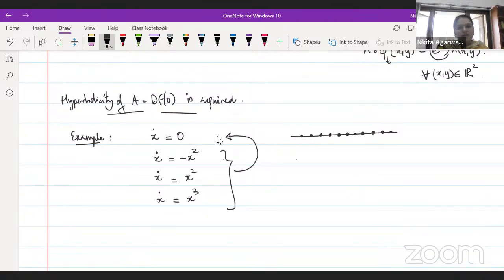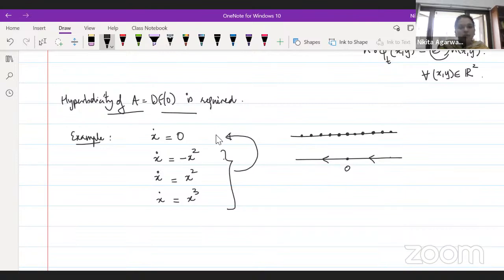What about the second system? Origin is an equilibrium, and now see, it's x square, which means that it does not depend on the sign of x, and it is always negative when x is non-zero. That means it's going in this direction, right? Meaning that if you start with an initial condition here, you go to minus infinity as t goes to infinity.